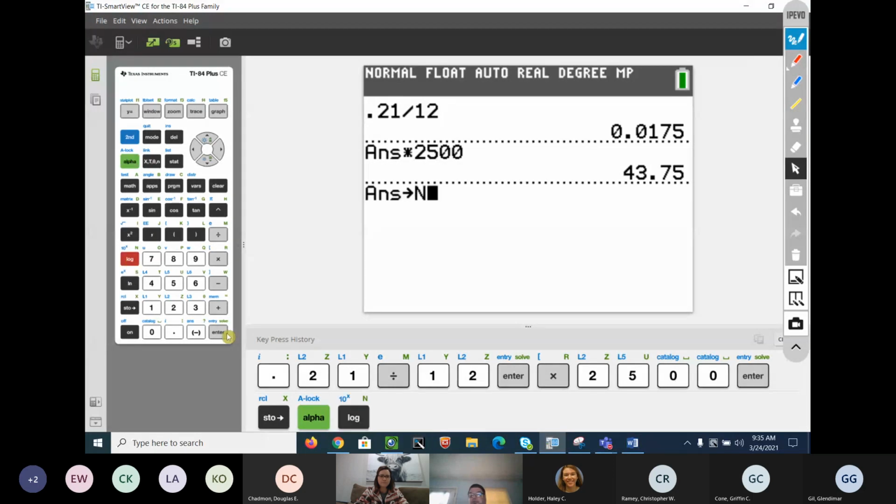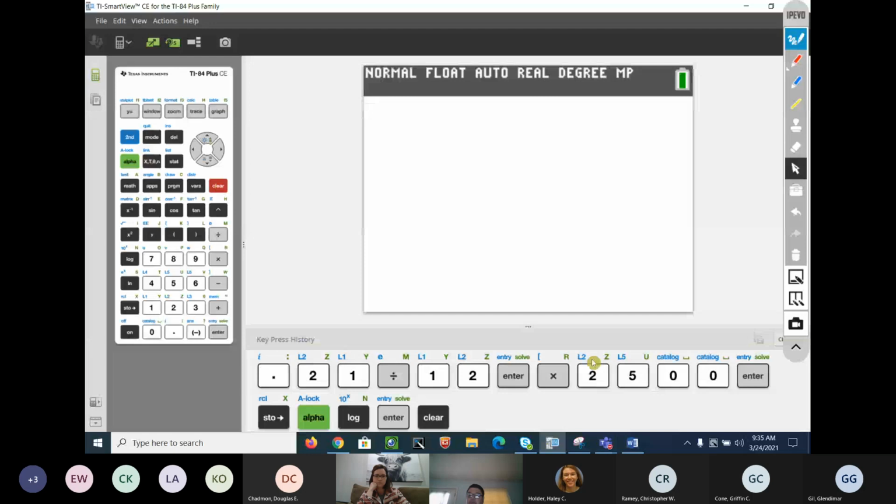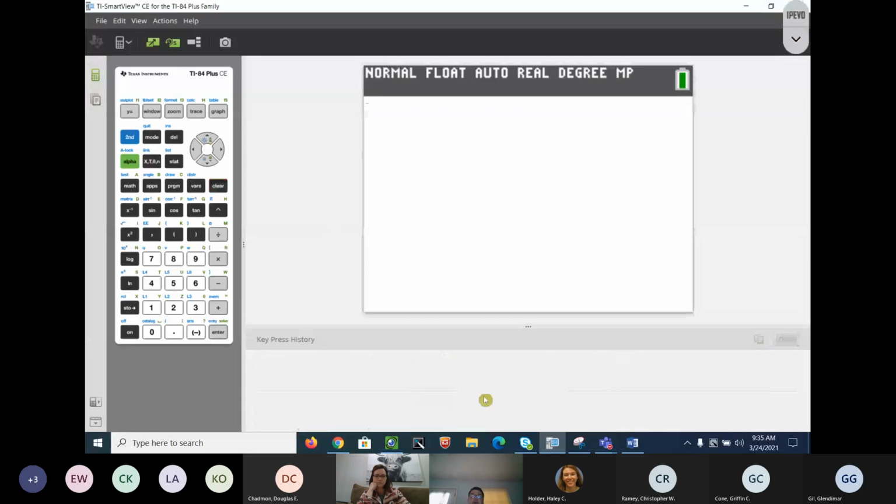So that's my numerator. Did everybody get 43.75 for the numerator? I hope so. Now I've got to do the denominator. So I'm going to hit clear, and clear down here. And now we're going to do the denominator. Let me put it in front of me so I can type it in correctly.